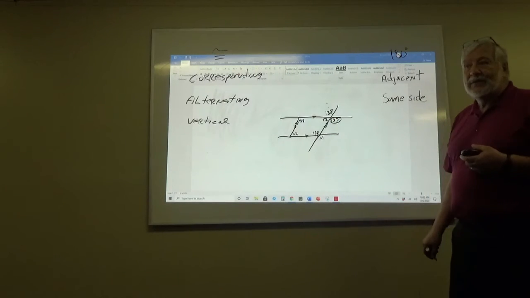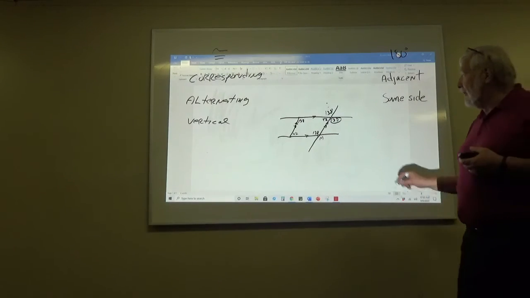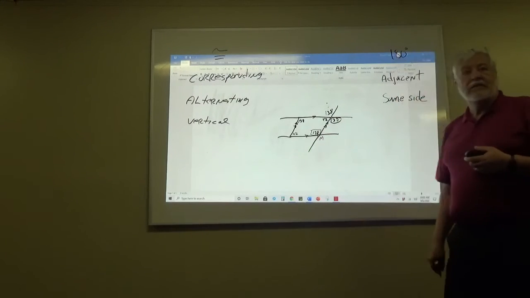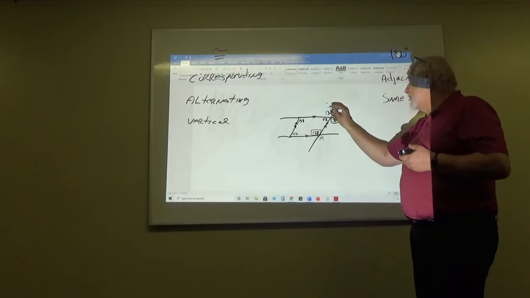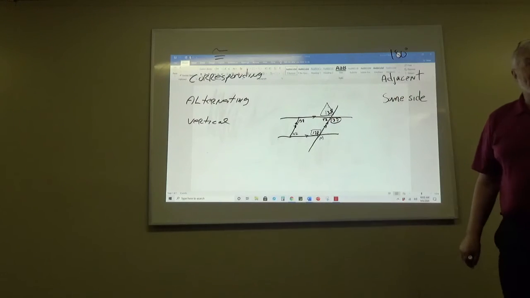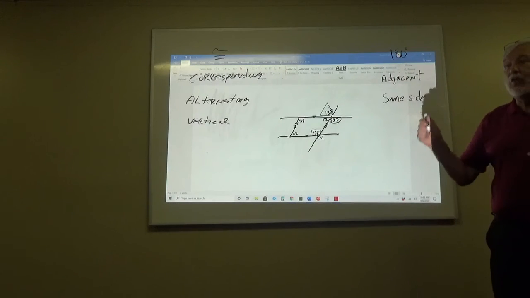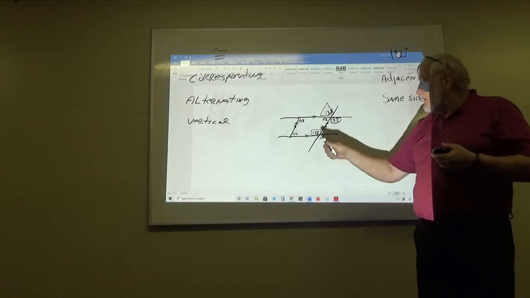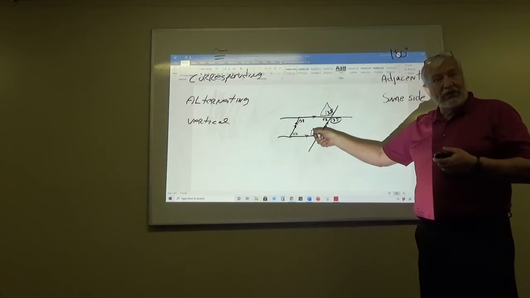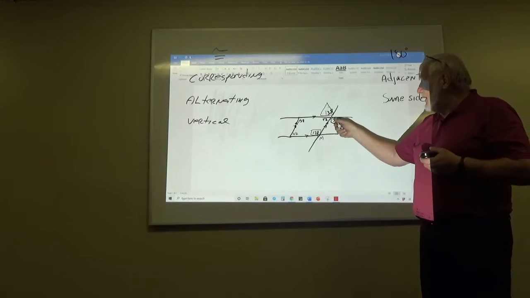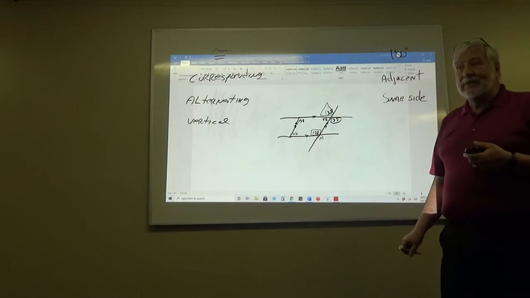The circle: corresponding. Corresponding, very good. How does it relate to the box? Vertical. Okay, good. How does it relate to the triangle? Alternating exterior. There's all your vocabulary words for congruent. They're all congruent, so I can say M equals 138.